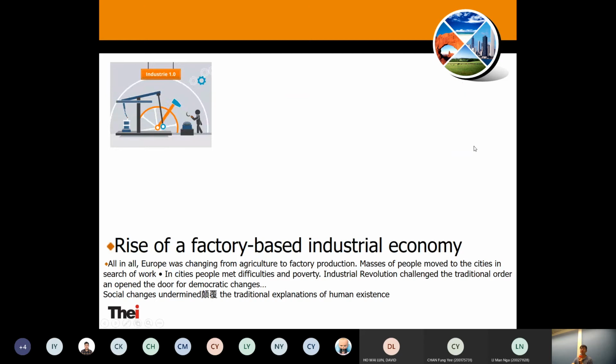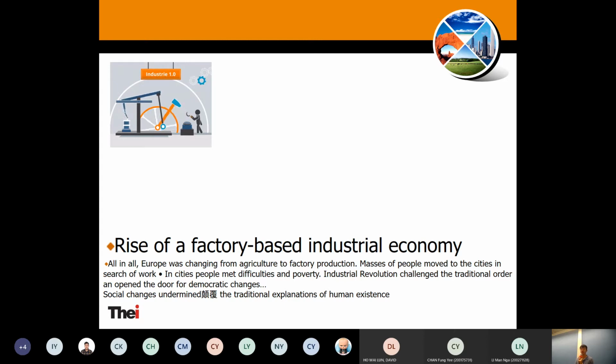In fact, when we talk about sociology, we may have to return to the background of sociology, right from the beginning, about 100 or 200 years ago. At that moment, we had the industrial revolution.